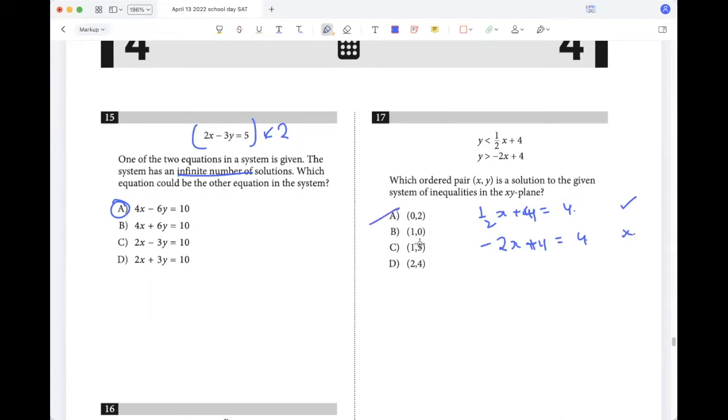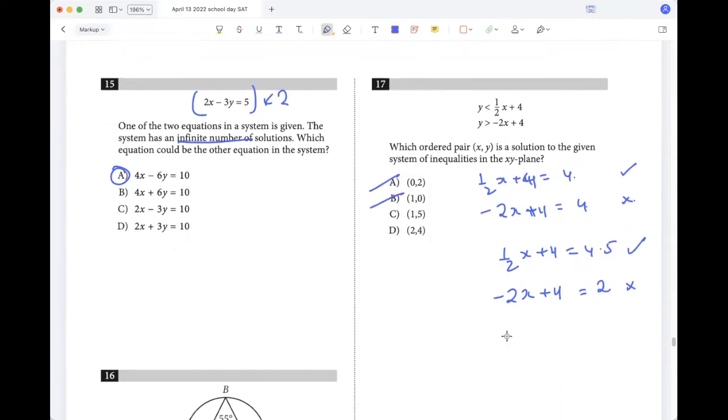Okay, let's do x equal to 1. What is half x plus 4? So that's 4.5 and 0 is less, correct? And what is minus 2x plus 4? That is 2 and 0 is not greater than. So even this one is out. Okay, so we are working with x equal to 1. So 4.5 and 2.